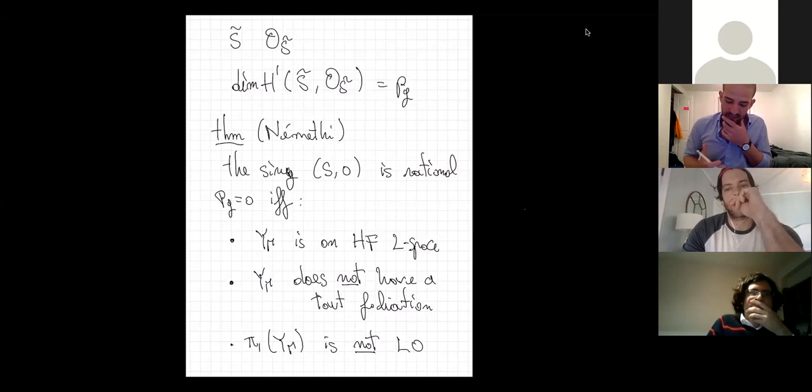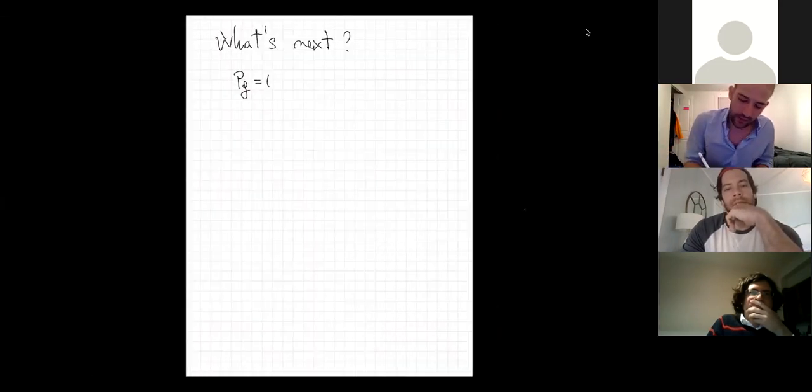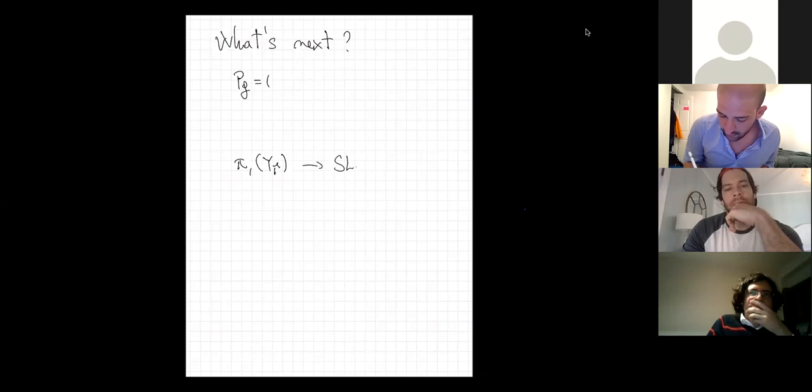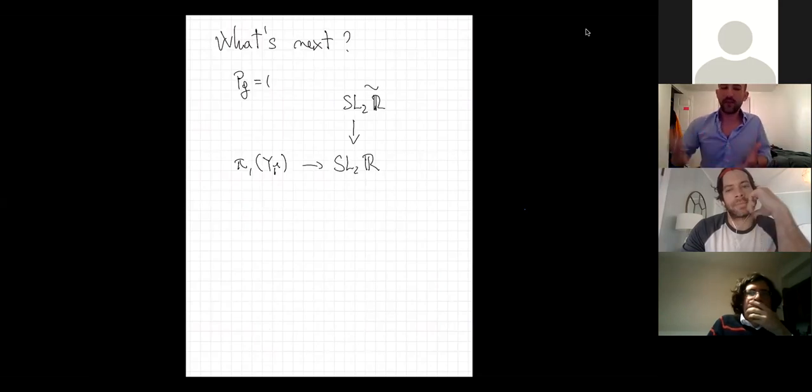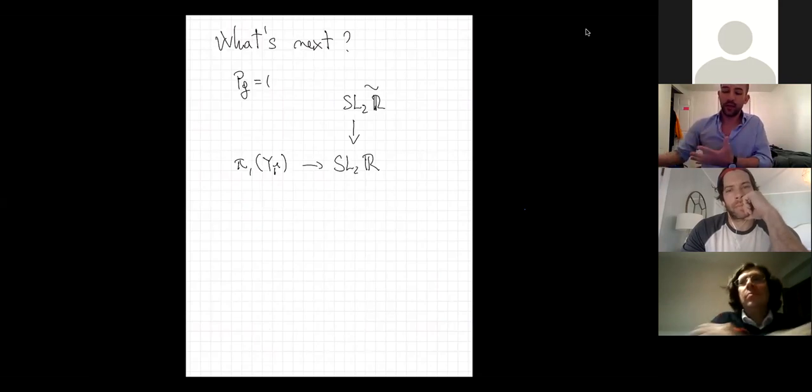Well, you see, there is the fundamental group, and then there is left orderability. So a very natural thing to do would be to study SL2R representations, because SL2R acts on the circle, and then if you are lucky, you can lift such a representation to the universal cover, and then you get an action on the real line, and then a non-trivial action of the fundamental group of a three-manifold on the real line yields a left ordering.